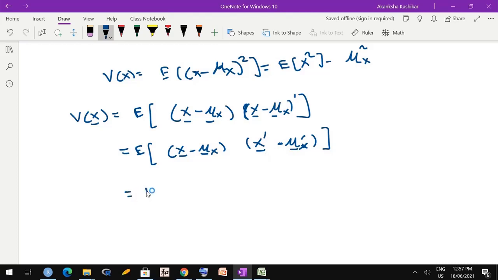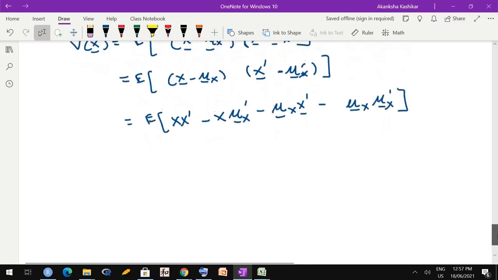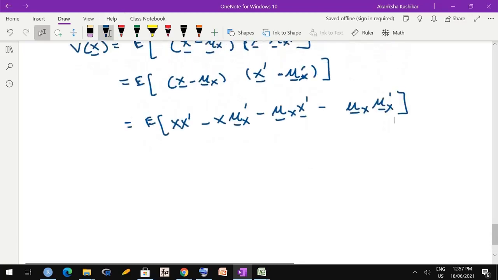So this becomes the expectation of x x prime minus x mu x prime, simply taking the product of the two brackets, minus mu x x prime plus mu x mu x prime. So far everyone with me? Yes, ma'am.